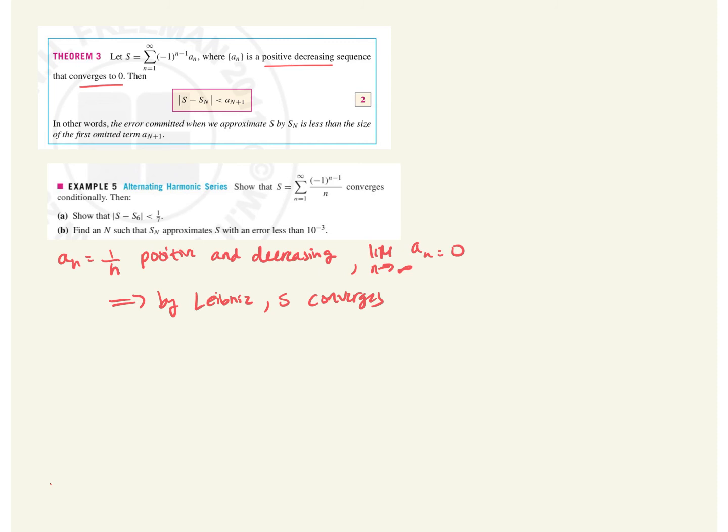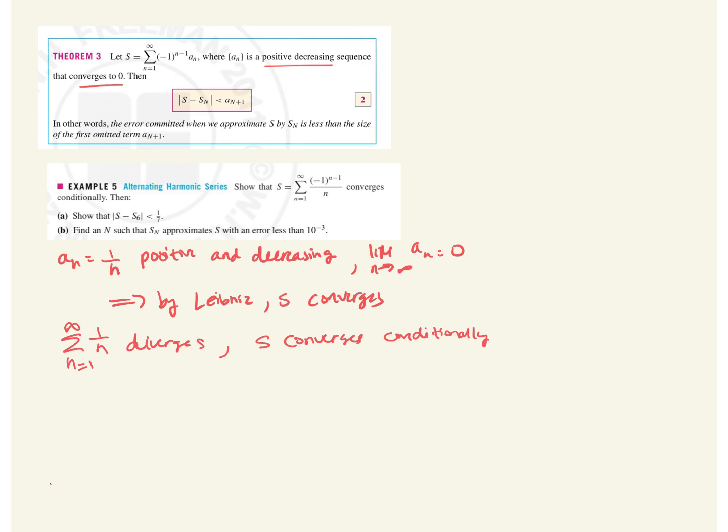Okay. But the series 1 over n does diverge, so therefore S converges conditionally. Right, if we didn't have it as an alternating series, then this wouldn't be true.